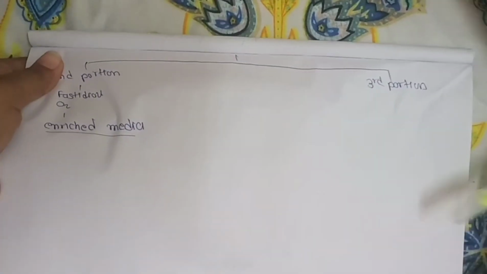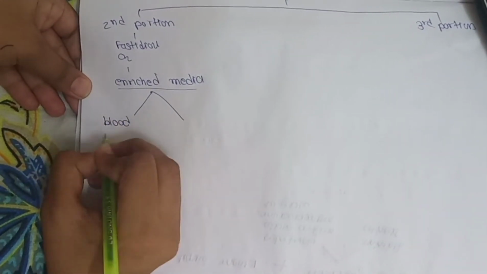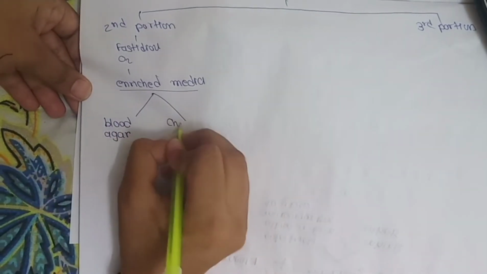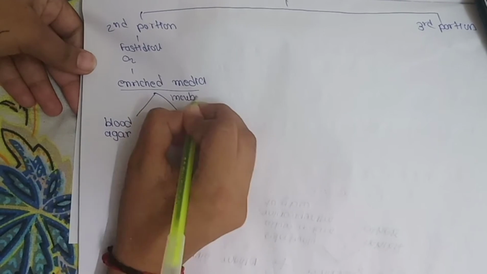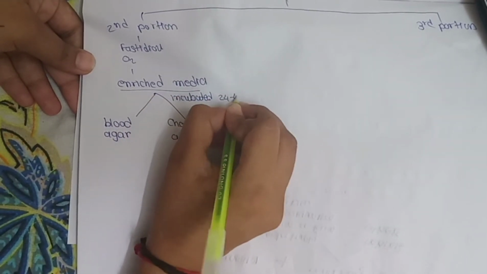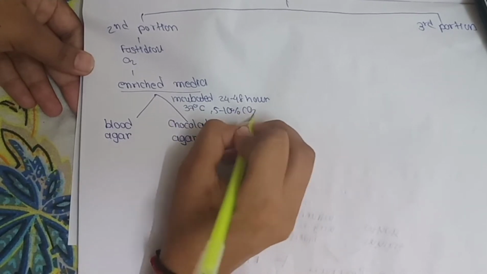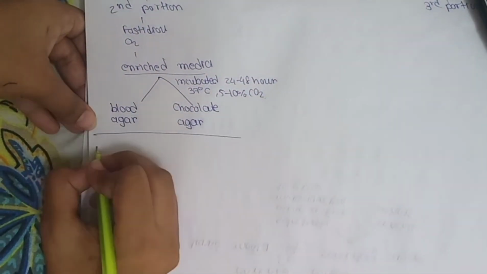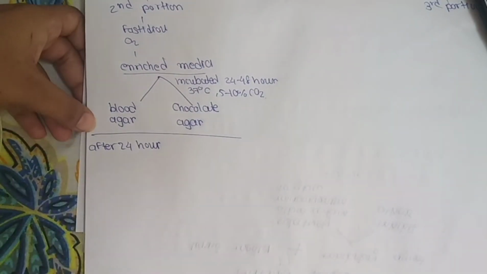For meningococcus, the enriched media used are blood agar and chocolate agar. We have to incubate these for 24 to 48 hours at 37 degrees Celsius in presence of 5 to 10% carbon dioxide. So after 24 hours, we will see small colonies.